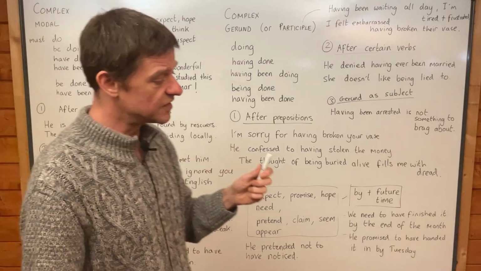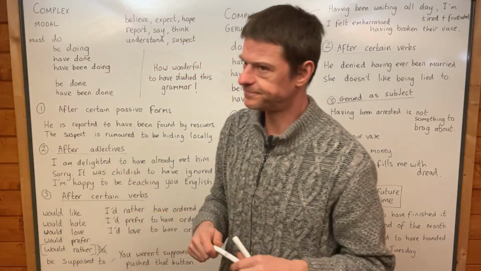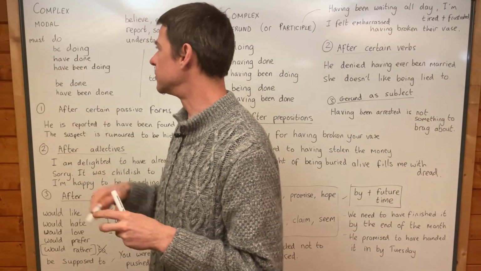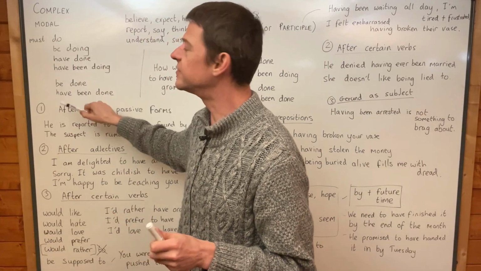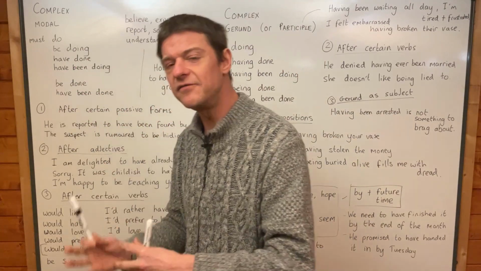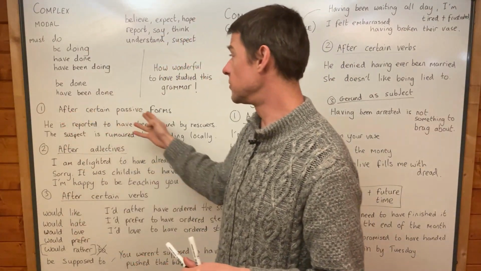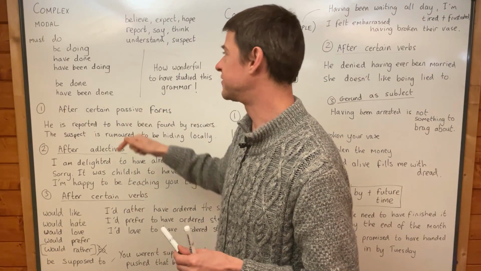And we use bare infinitive after modal verbs. However, it's not just the bare infinitive must do that we use after modal verbs. We can also use these other forms, and we saw this when we were looking at other exotic forms of the passive.